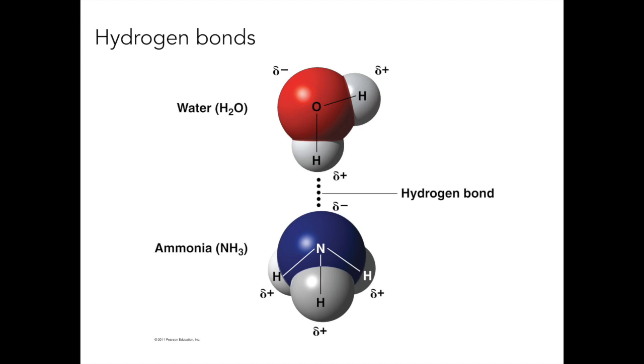And it makes these molecules stick to each other for just a little bit of a second. It's not a permanent bond. It's a transient bond or a temporary bond in most cases. But in great numbers, it adds up. So hydrogen bonds are between different molecules, not within a molecule.